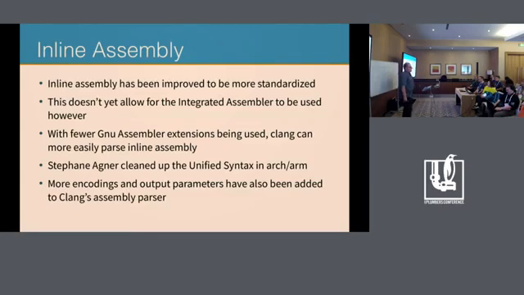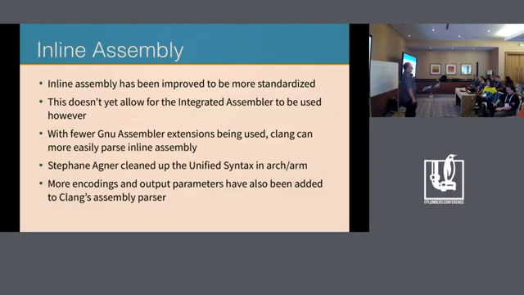The nice thing is that the Herculean task of changing the assembly in the Linux kernel to be more standardized, a lot of that has been done now. It depends on the architecture exactly. For instance, Stefan Agner has spent a long time fixing up the assembly in the ARM architecture to bring it back to the unified syntax, which is very good.